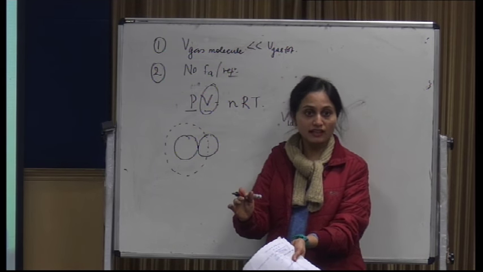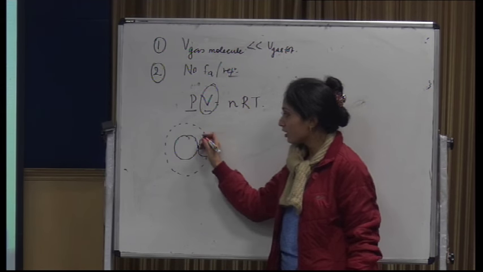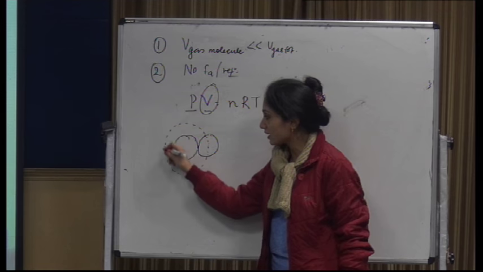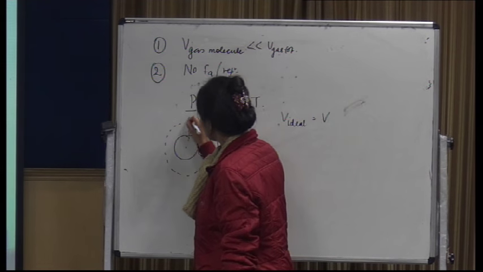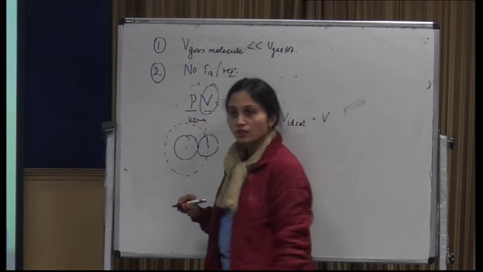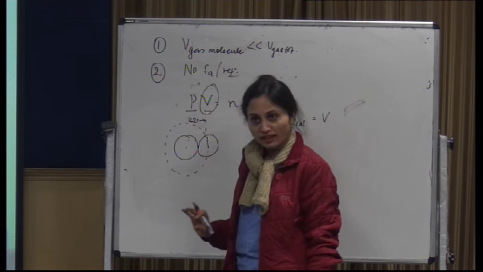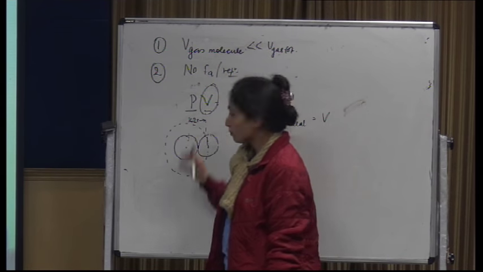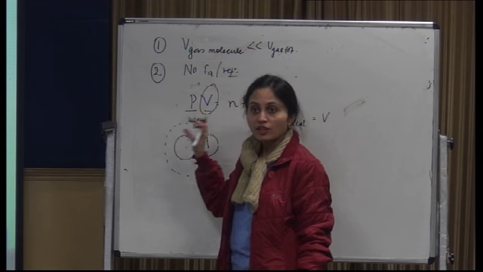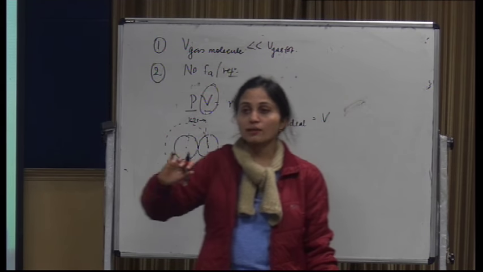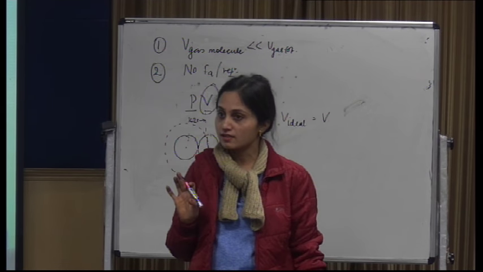Is that clear? If they interact, this molecule can interact in this entire region. What is this space? This is like R plus R, say 2R region. It's occupying volume, this is also occupying volume, but we have an extra volume also which is included. So in reality your real gases are occupying more volume than the ideal case.